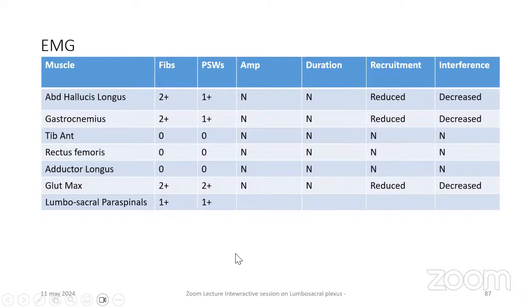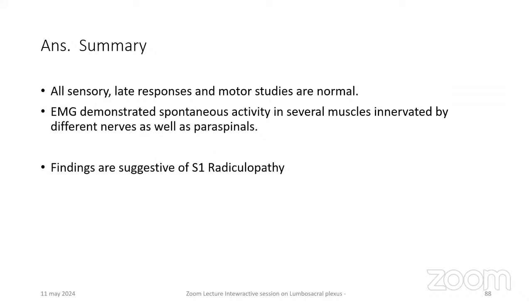That's why in lower limbs EMG is very important, because nerve conductions don't capture the whole pathology. All sensory and late responses in motor studies are normal. EMG demonstrated spontaneous activity in several muscles innervated by different nerves as well as paraspinals. Findings are suggestive of S1 radiculopathy.